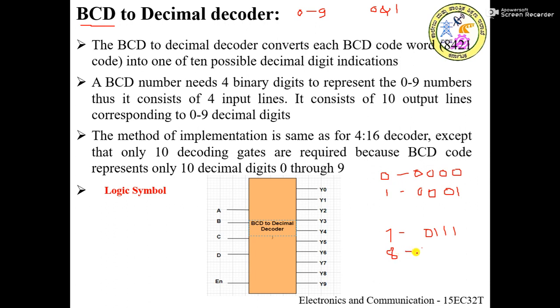And if you want to represent number 8, that is represented using 1 0 0 0. Similarly, for decimal number 9, the binary sequence will be 1 0 0 1.